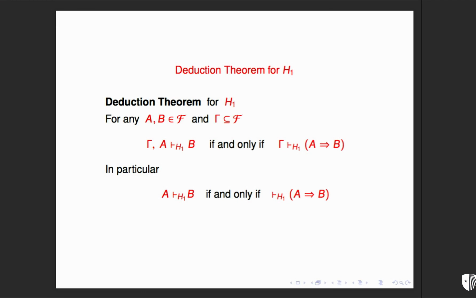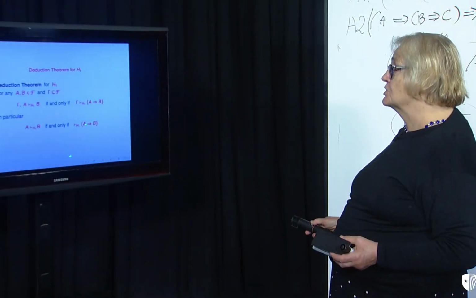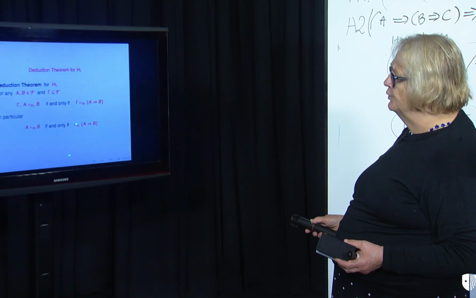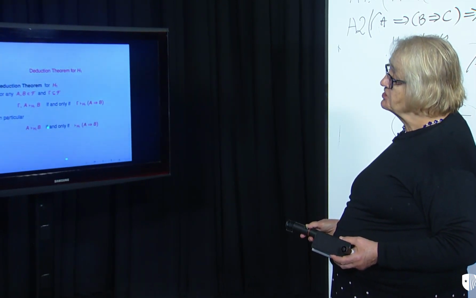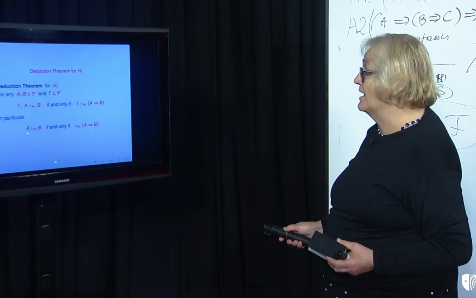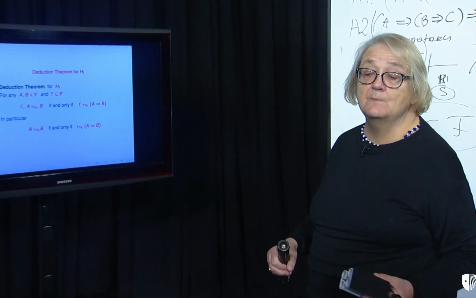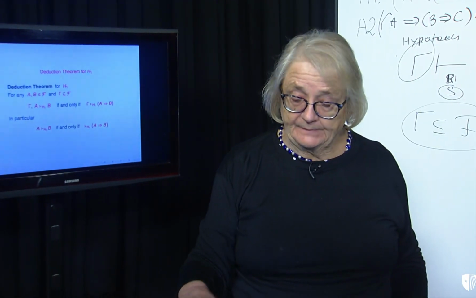So this is like a normal proof from logical axioms. So you can see if you have to prove an implication from the logical axioms, you can just put A as a hypothesis, and that makes the proving easier.